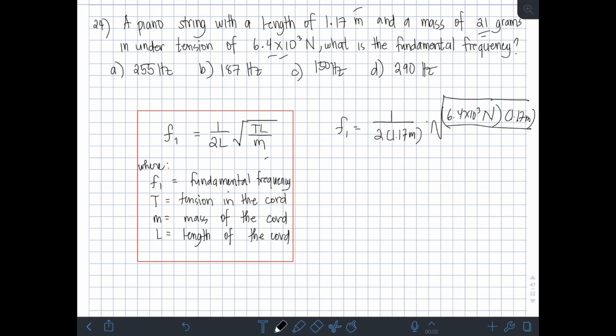Dapat yung mass natin is in kilogram. So, magiging 0.021 kilogram. So, using calculator, makukuha nating sagot dito for the fundamental frequency is what? 255.2 Hertz. So, the answer is letter A.